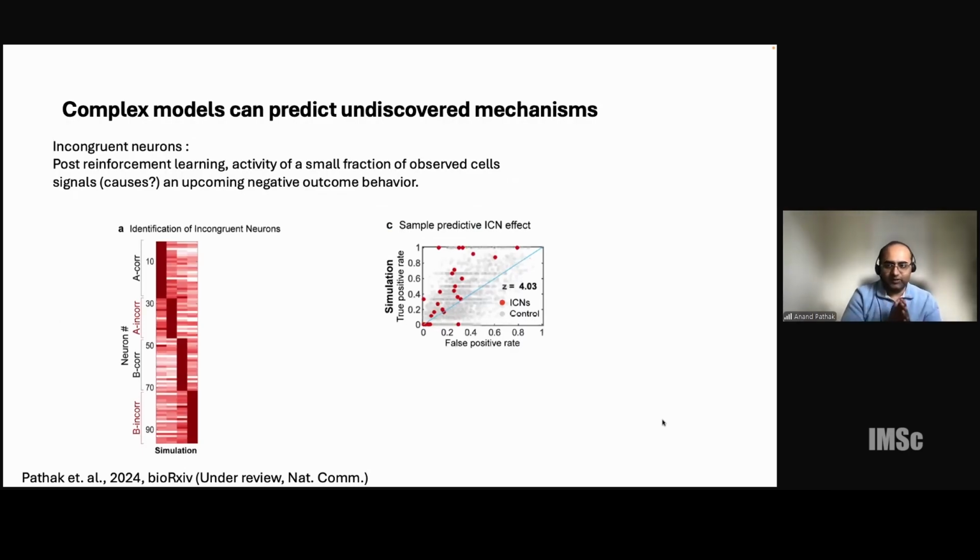What's happening there? So we looked at the neural firing in the model. We observed that if you look at the cortical neurons in the model, after the learning, when the monkey becomes stable in its behavior, they develop a selectivity.